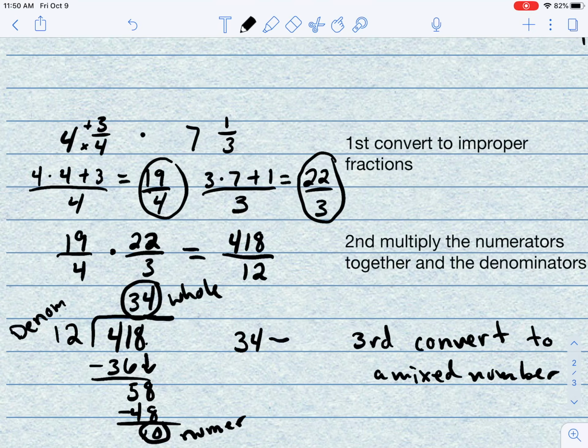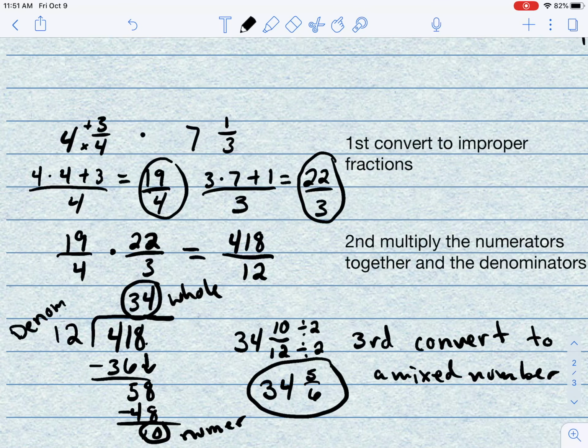Our remainder goes to our numerator, and our denominator stays the same. Okay. What you'll notice though here is 10 and 12 can both be divided by 2 because they're both even numbers. So when you get that, your final answer would come out as 34 and 5/6.